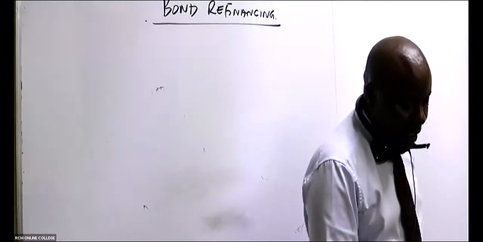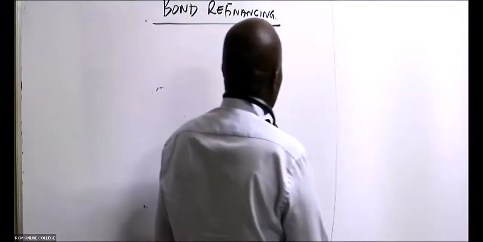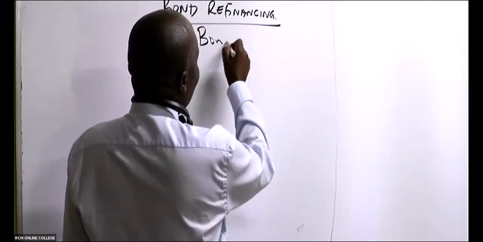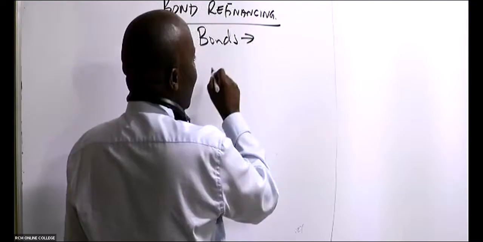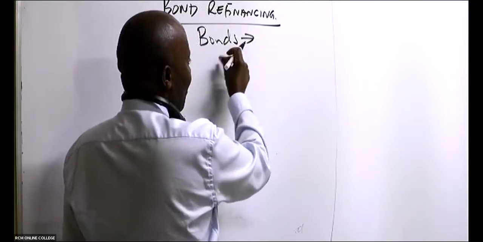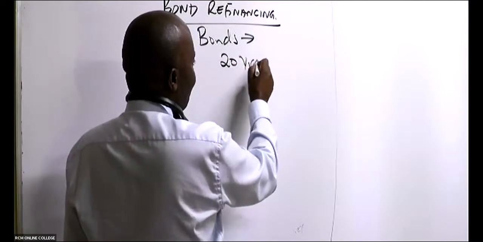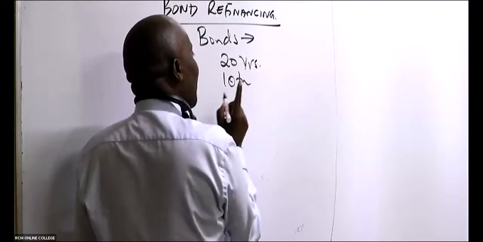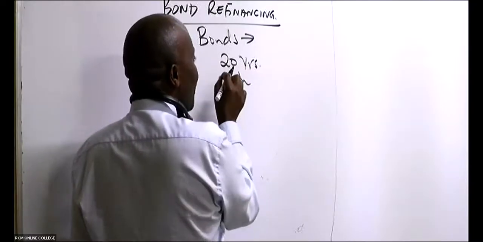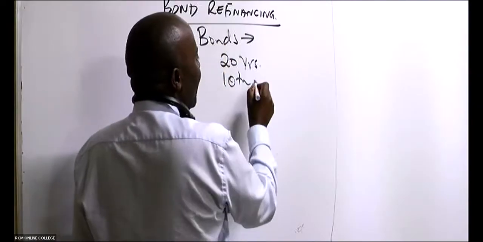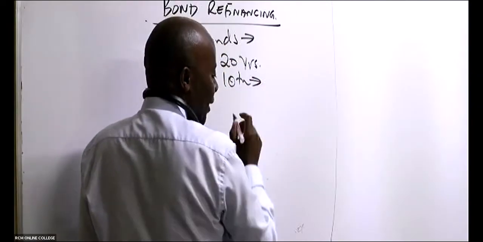So you must have heard of the government of Kenya talking about refunding of bonds. So before these expensive old bonds mature, before maybe you've taken a 20-year loan bond, and then on the 10th year, you realize that there are people who can give you the same money using these very bonds, but in this case here at a lower interest rate.